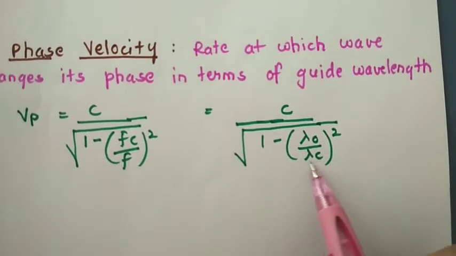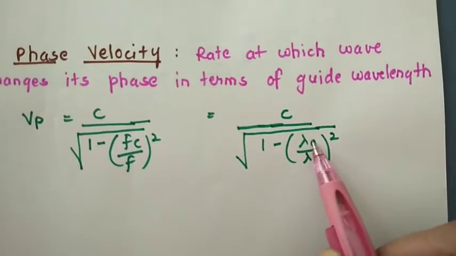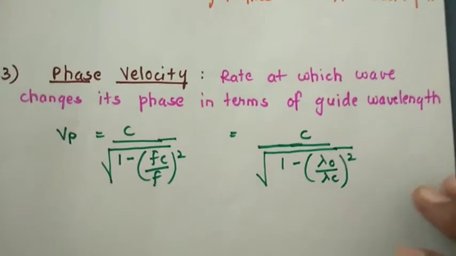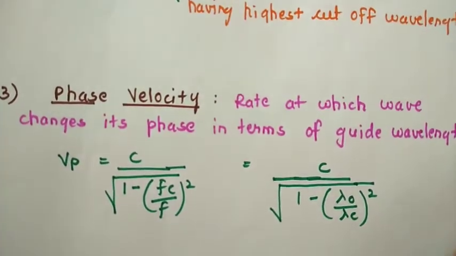Now all of you know what these are: cutoff wavelength, operating wavelength, cutoff frequency and operating frequency. Then we'll go to the next definitions.